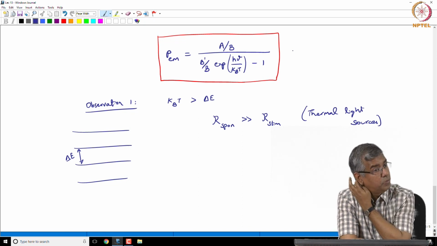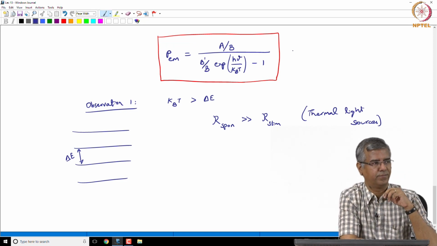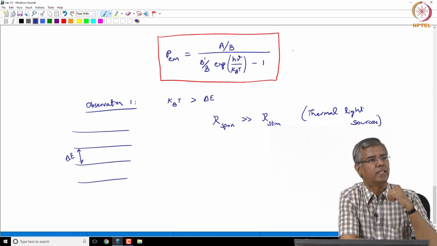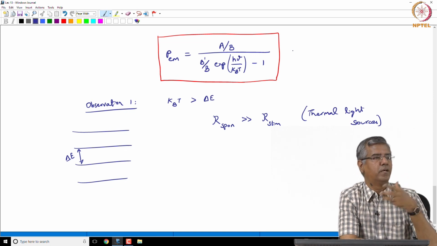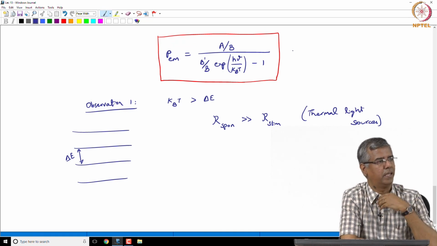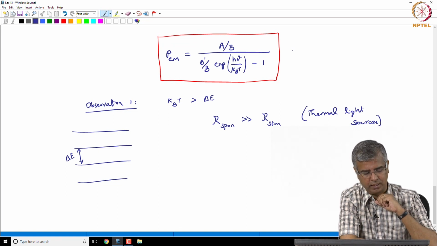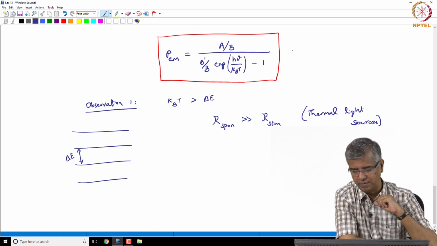distribution. The Boltzmann distribution, what does it say? What does it say about N2 versus N1? So, N2 is always going to be less than N1, right, because the probability of occupying a higher energy level is lesser compared to the probability that you will find that electron at a lower energy level.